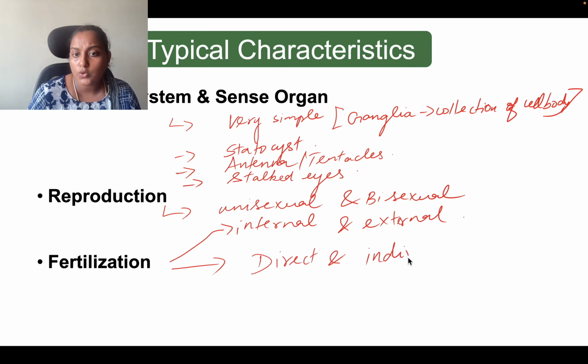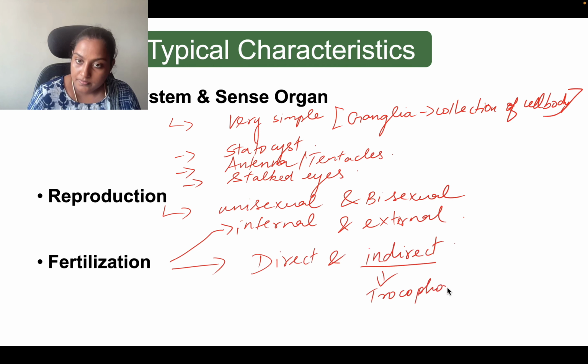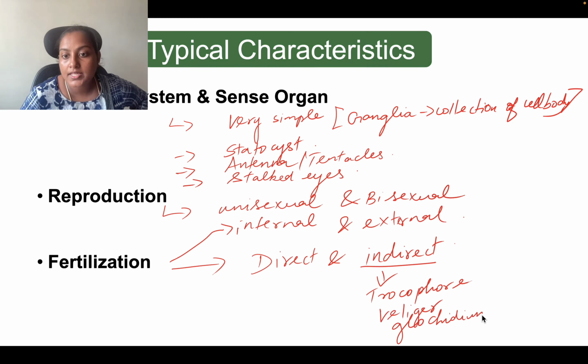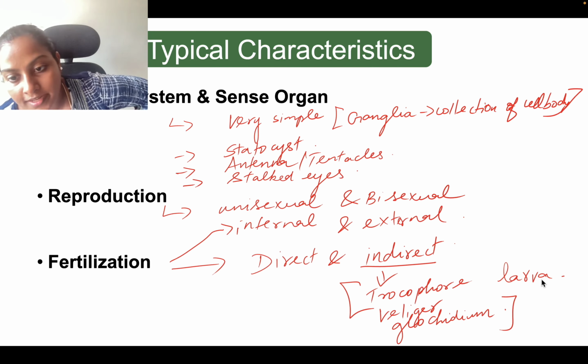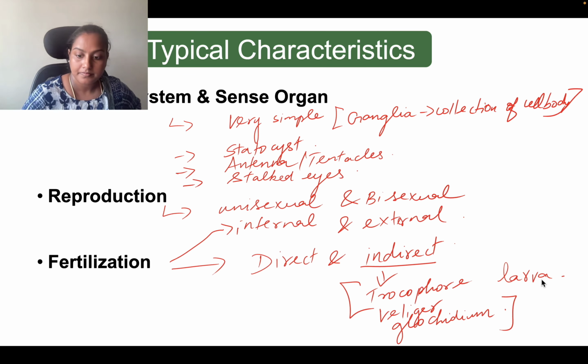For indirect, you have to know the larval names, right? So trochophore, glochidium, these are the larva names. Just know the larva names: trochophore, veliger, and glochidium.